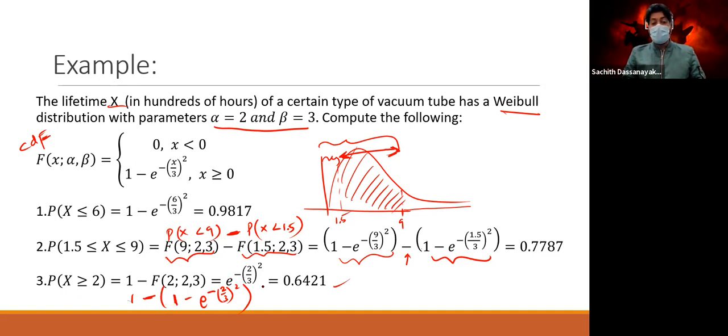The 1s cancel out, and the e becomes positive. So you know how to do that. Those are just math. The only thing is, don't mess up these brackets or signs. Always use brackets.